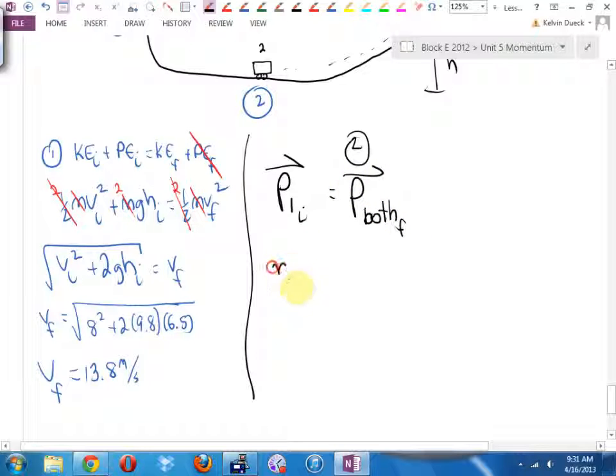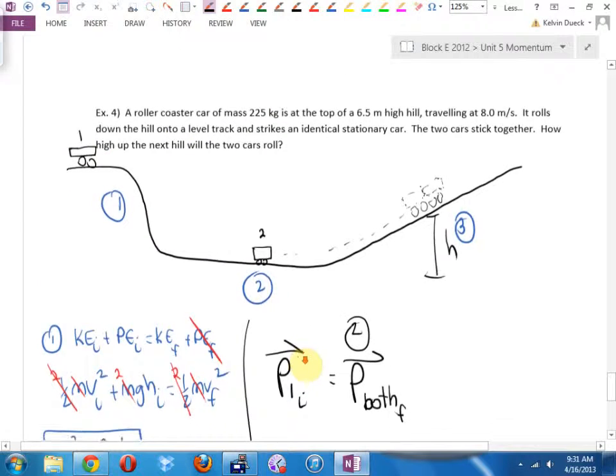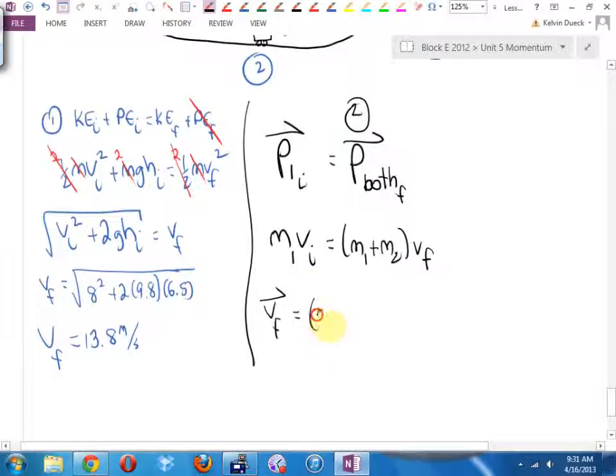This is going to be M1 V initial equals M1 plus M2 V final. V final is going to be M1 plus M2. Oh, 225 plus 225.